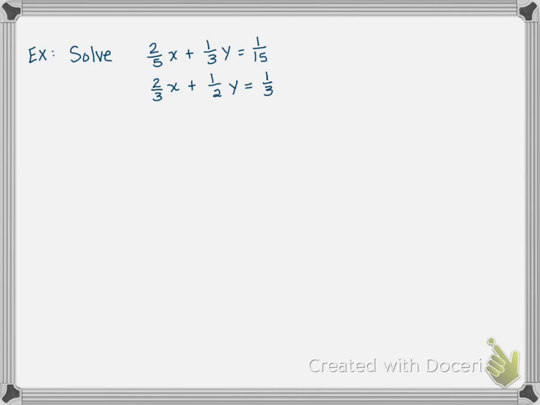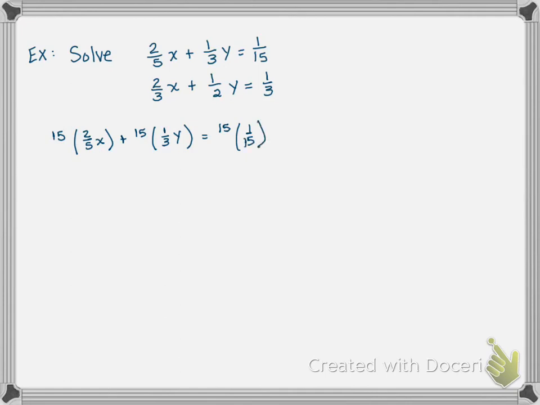So to clear fractions in my first equation, what do I have to multiply by? 15. So we'll multiply both sides of the first equation by 15. 15 times 2/5 x plus 15 times 1/3 y equals 15 times 1/15.